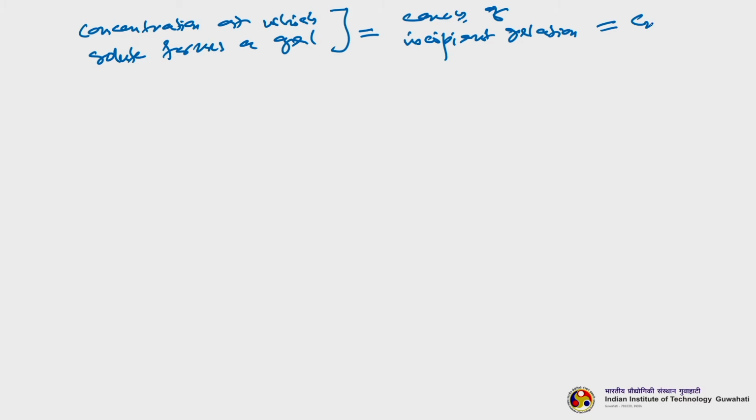So, that is Cm equals Cg, and it is given as 10.5 percent. So, mass percentage, you can write 0.105.